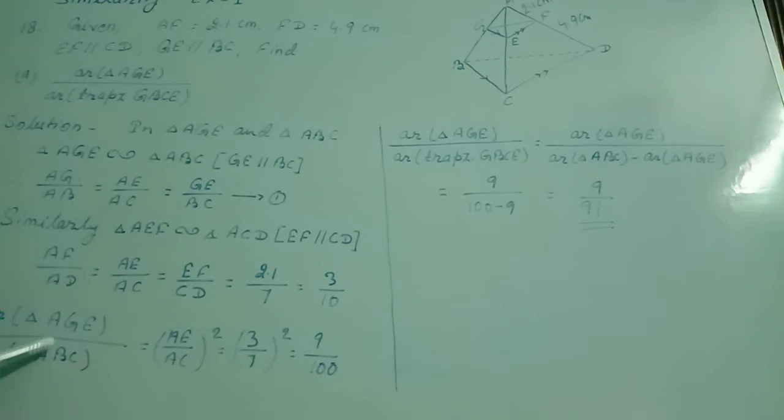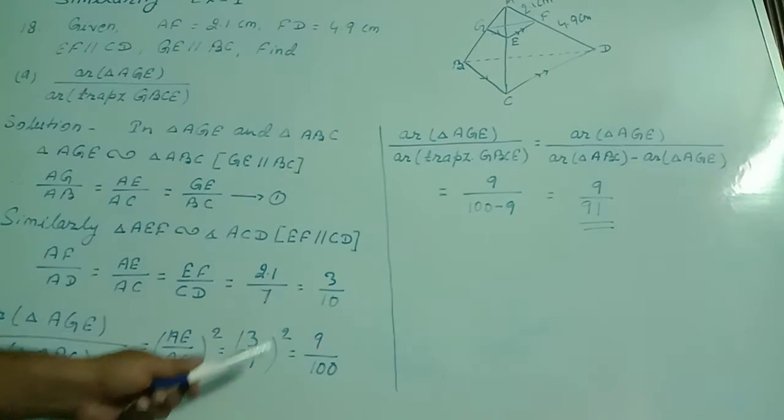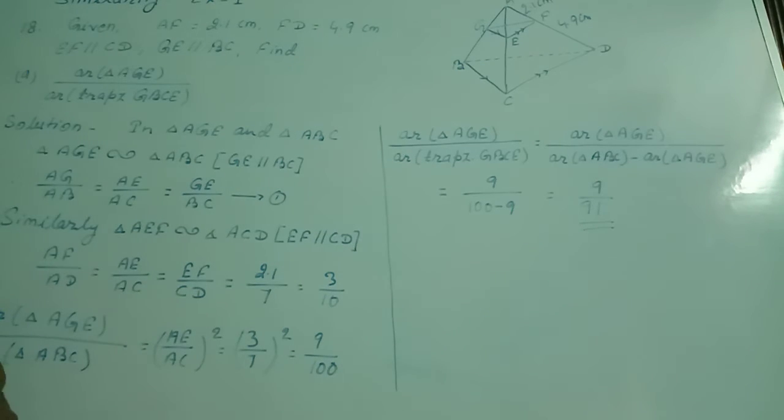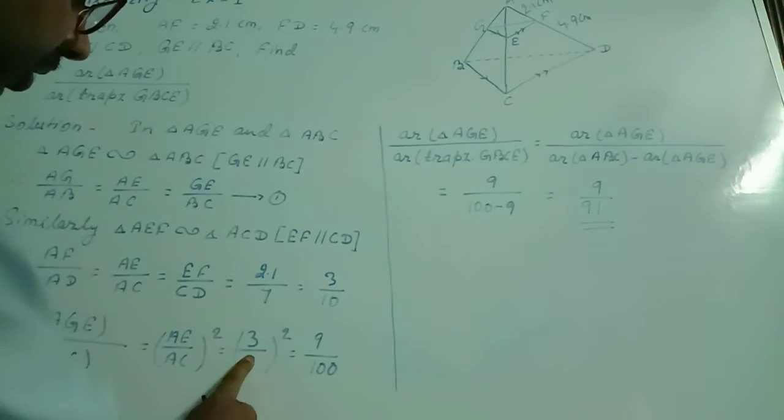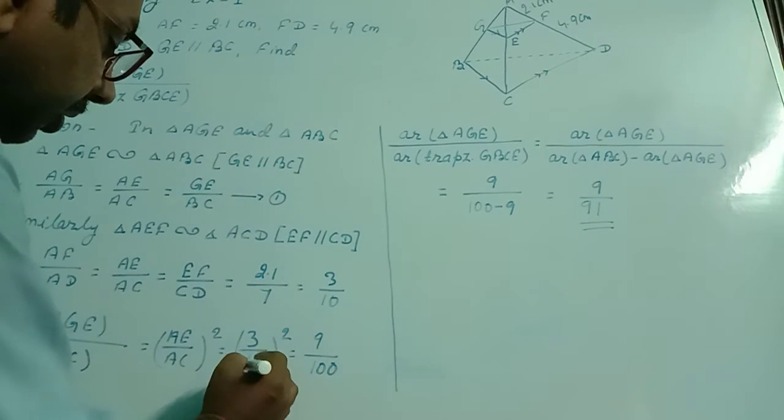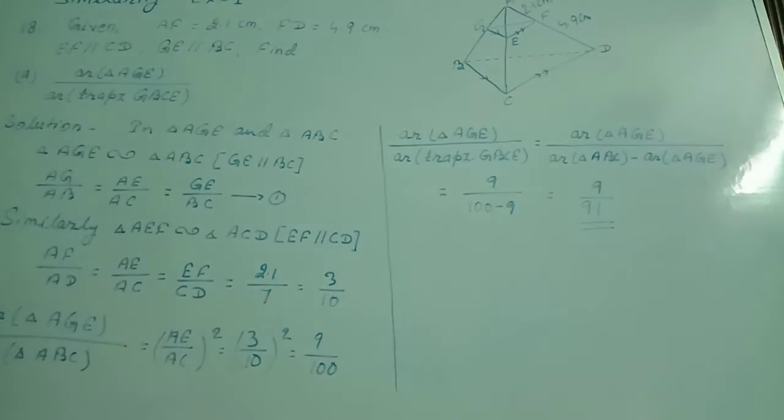Now I got the ratio of these two similar triangles. Ratio of areas, area of triangle AGE by area of triangle ABC equal to AE by AC whole square, that is equal to 3 by 10 whole square, that is equal to 9 by 100.